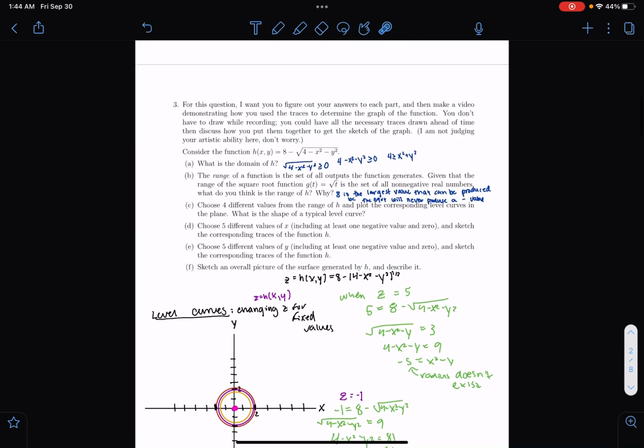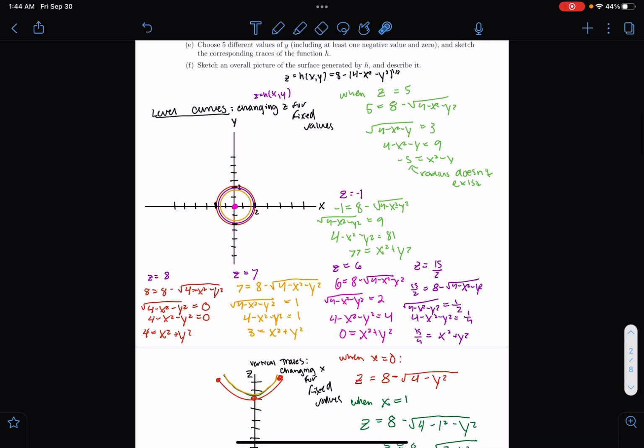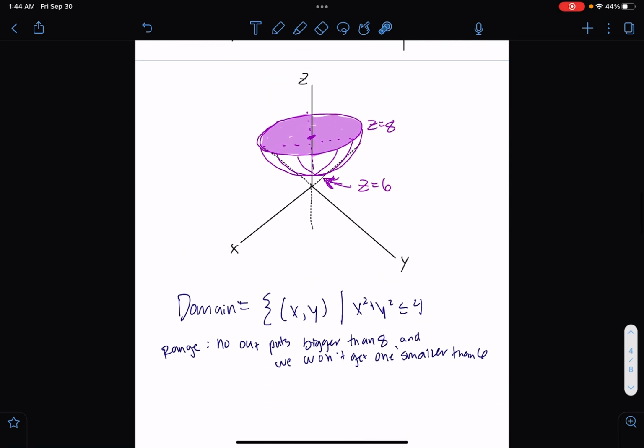We can see that's true because when I tried to plug in z equals 5, I got a radius that didn't exist. It's because the dome doesn't reach down that far. That's the same with a lot of those values that didn't work out. The radius doesn't reach that far.